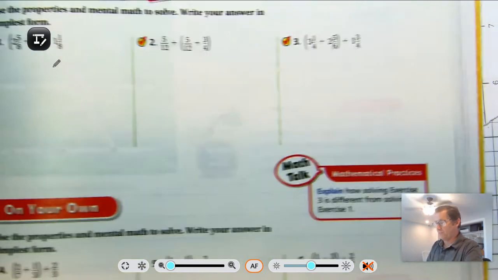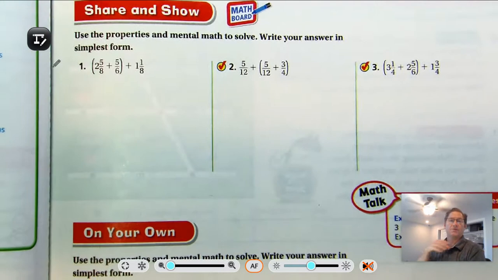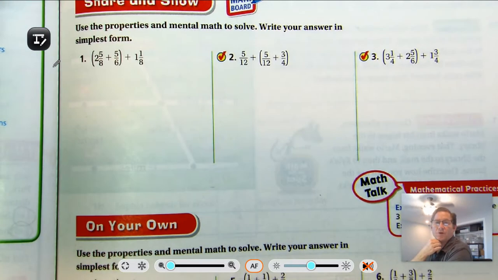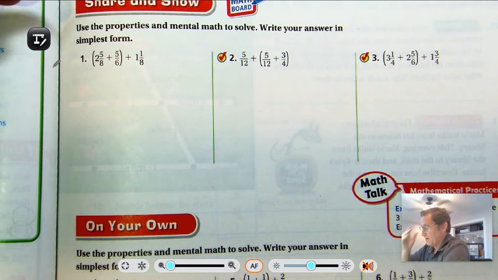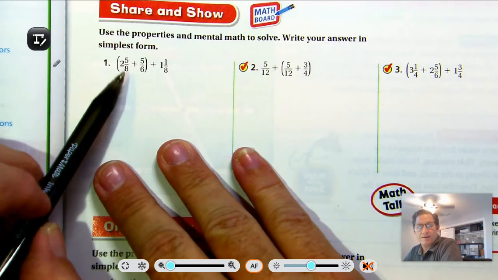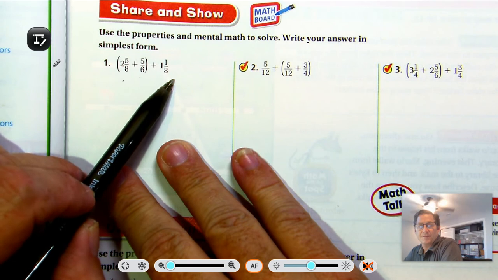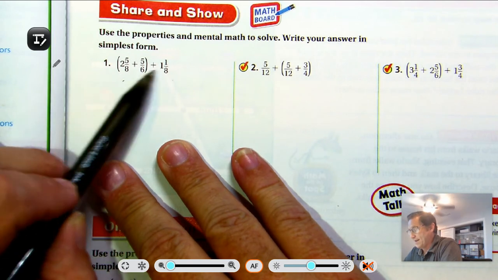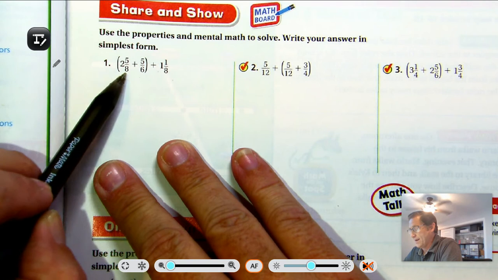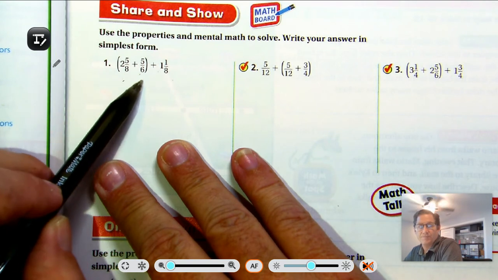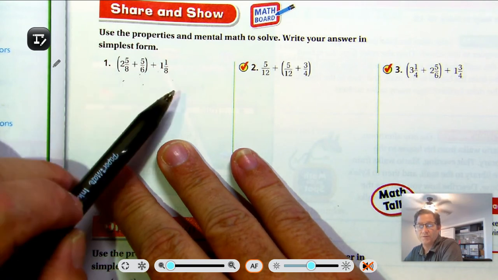All right, let's go ahead and move on. Use the properties and mental math to solve. Write your answer in simplest form. Okay, so here I see eighths, sixths, eighths. Well, I want to add the eighths. But right now the 5/6 is standing in between them. So I can't just regroup.